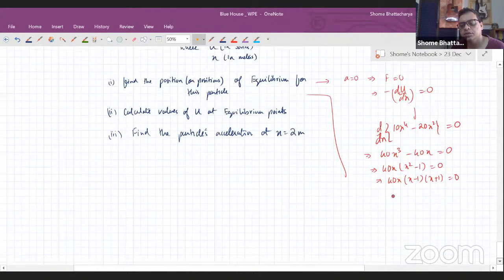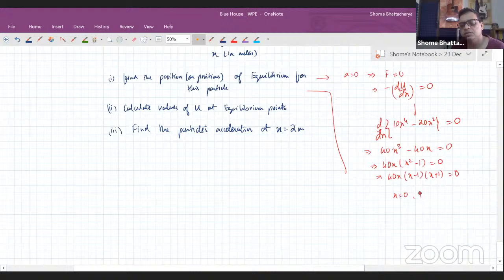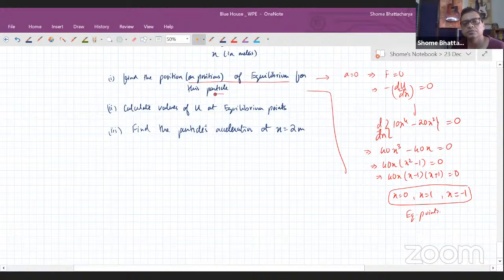Okay. So we get x equal to 0, x equal to 1, and x equal to minus 1. We get three equilibrium points. These are our equilibrium points. So there are three positions of equilibrium.